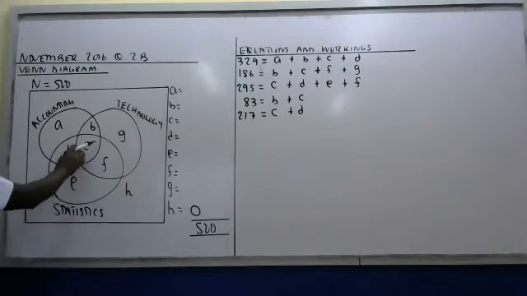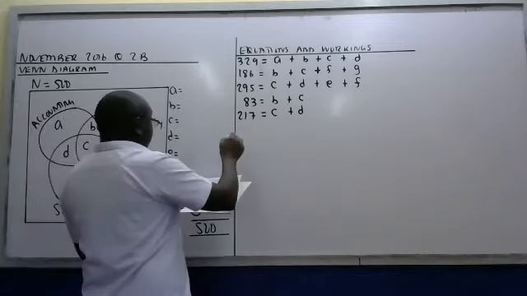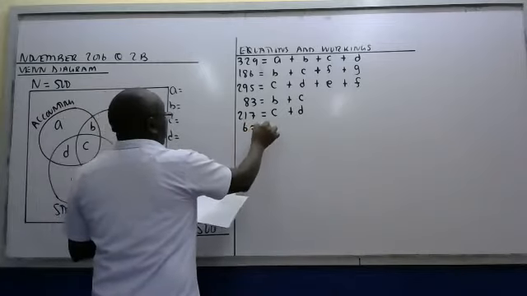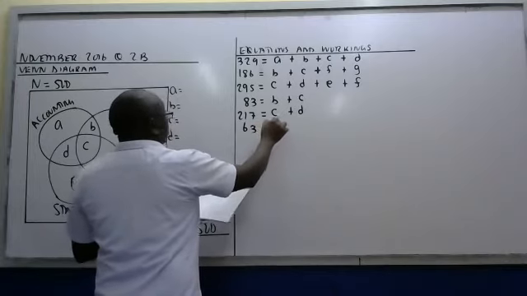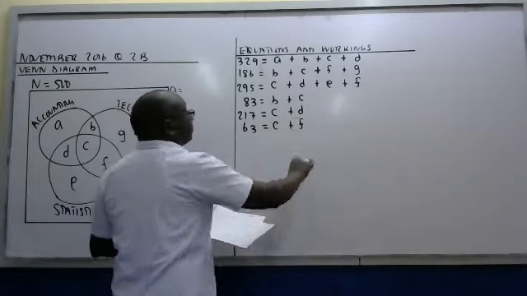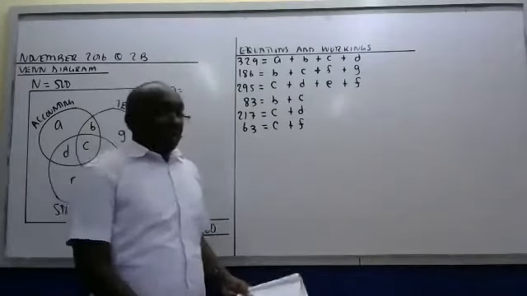Statistics and IT is CF, and those are 63, so 63 is C plus F. And that's all.